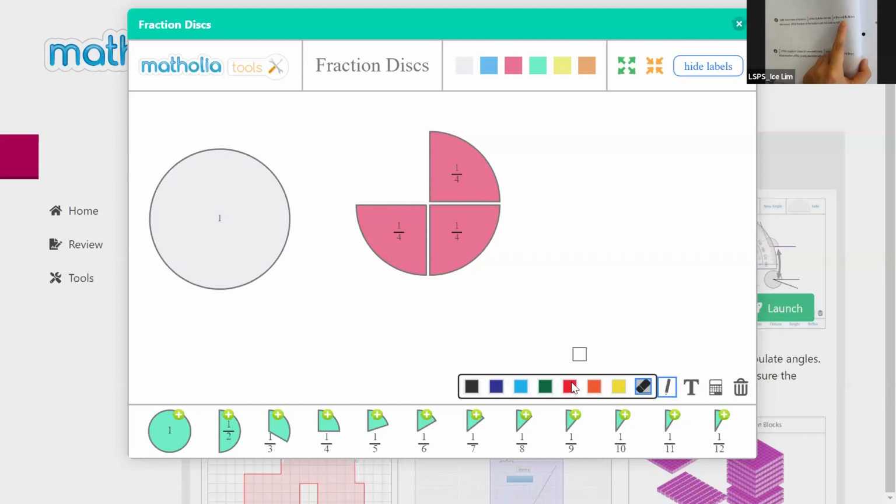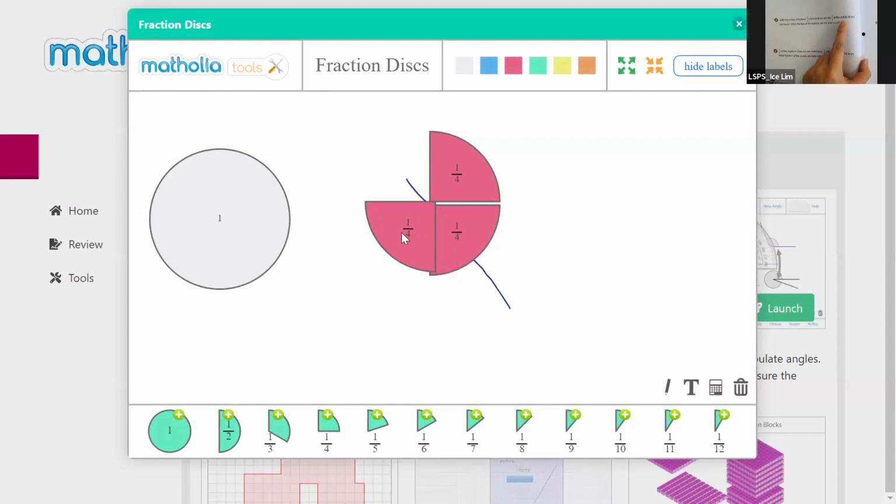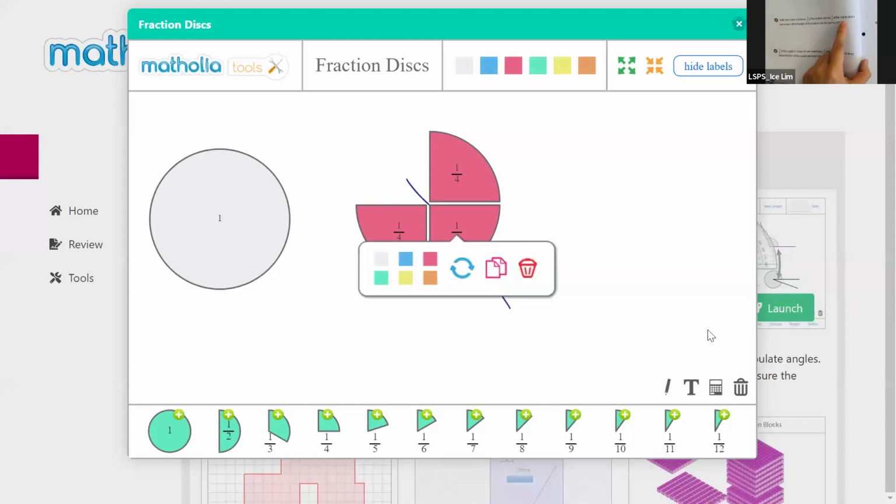Let's talk about the denominator first. What denominator do you suggest I use? Can you see this blue line that I'm drawing? I draw this line here to cut this quarter up. What do you suggest the denominator, to give me half? Yes, 8. Okay, I'm going to try 8.